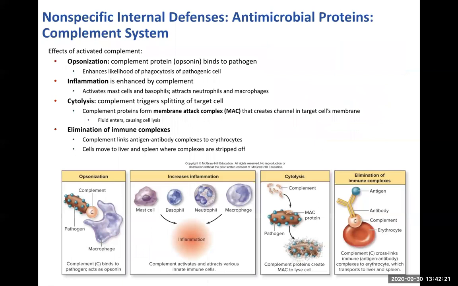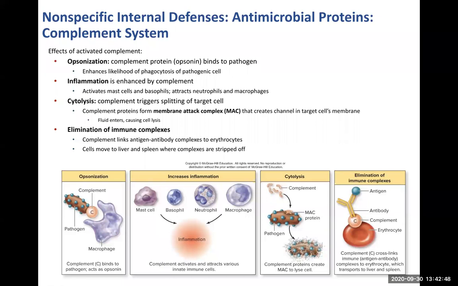So here's how complement works. An acronym you can use to help you remember this is OPICE. OP stands for opsonization, and then the I stands for inflammation, cytolysis, and elimination of immune complexes. Opsonization means to make something tasty.